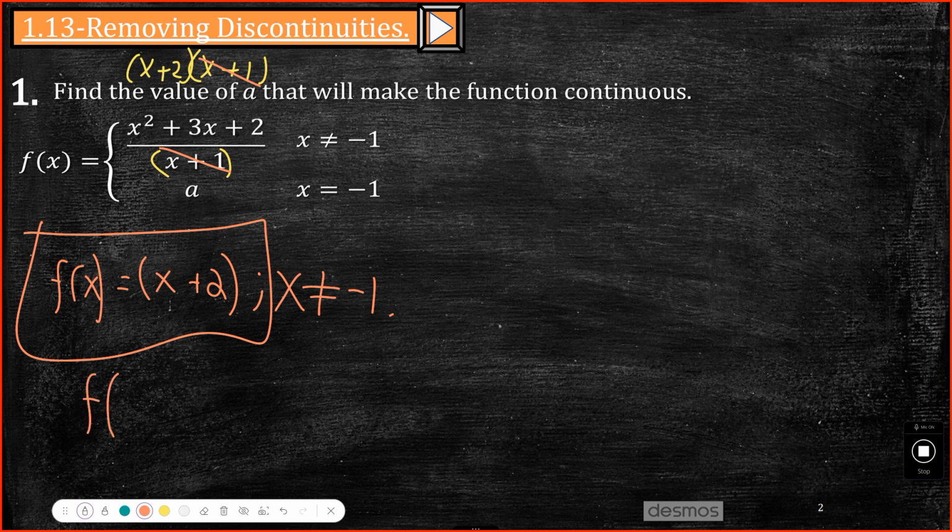So f of -1 is what? f of -1 is -1 plus 2. What's -1 plus 2? 1. Yes? So it's saying, find the value of a that will make the function continuous. a is 1. a has to equal 1.